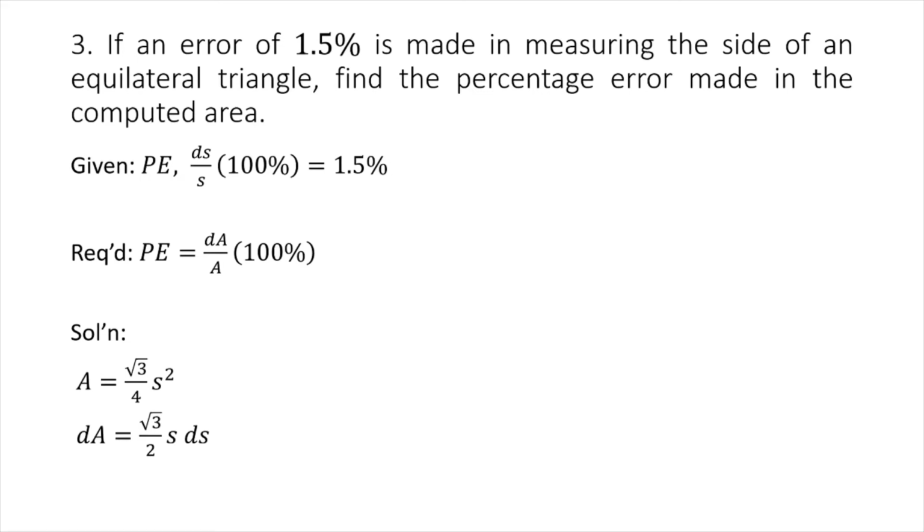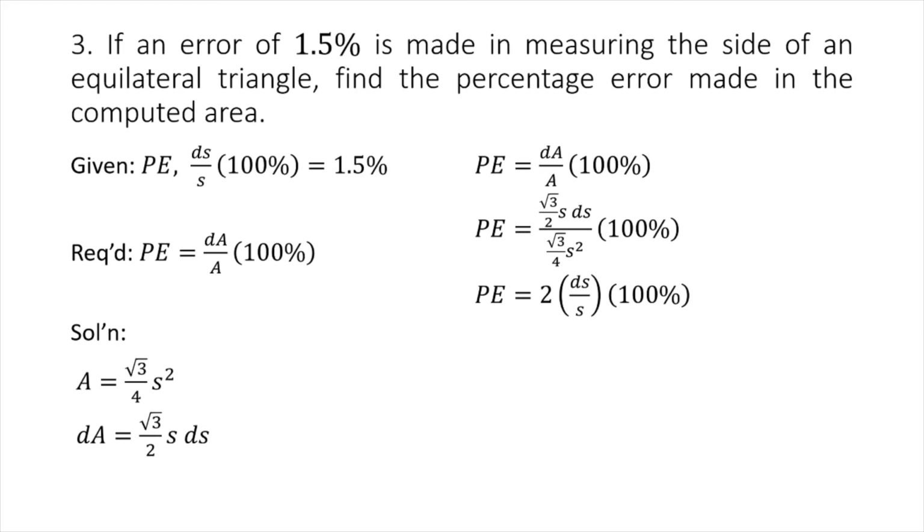Alright, so formula for the percentage error in the computed area, that's dA over A, times 100%. So substitute, dA is square root of 3 over 2s ds, and then A is square root of 3 over 4 s squared. Cancel out the common factor so that we can simplify. And then this will give us 2 times ds over s times 100%.